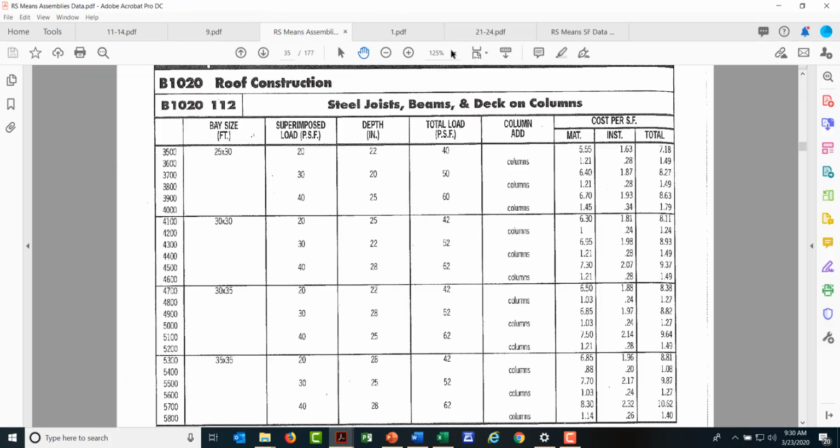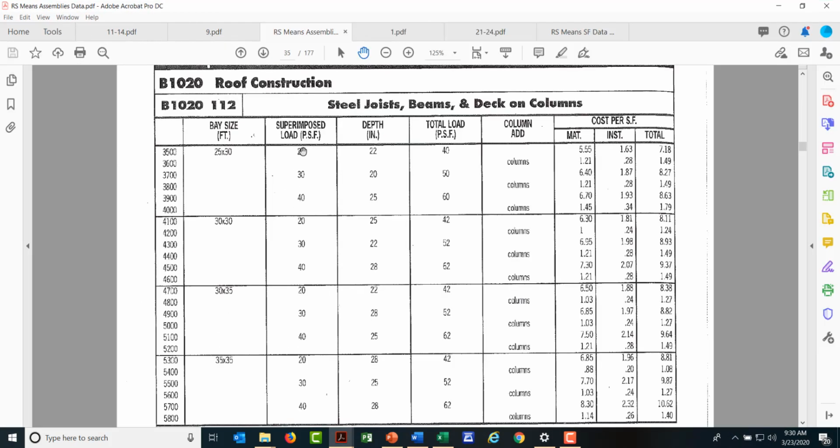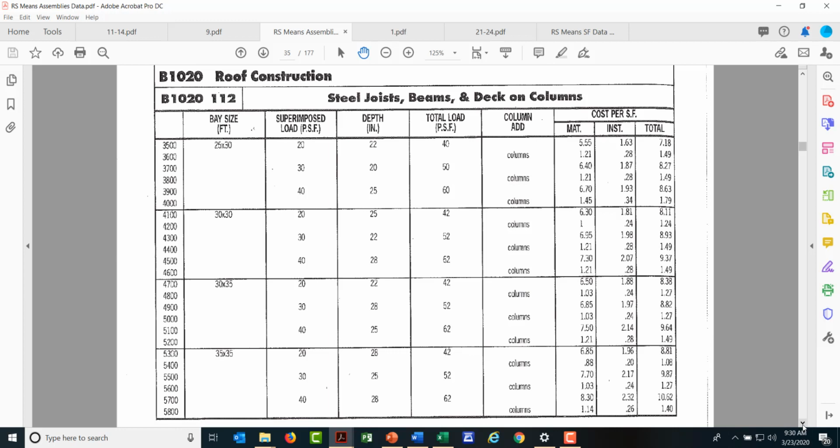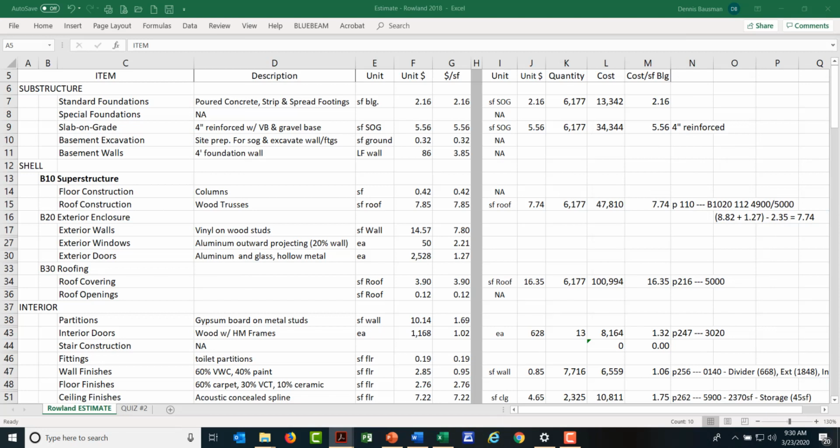I think I picked B112, 4900, which would be this one right here. And I picked the 882 and the $1.27. Let's see if that's what I have. Yeah, okay, that's what I have here.